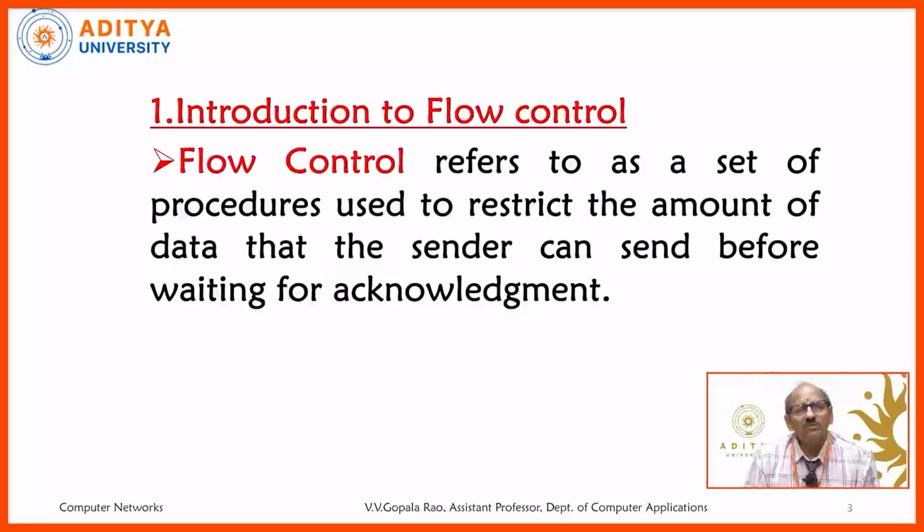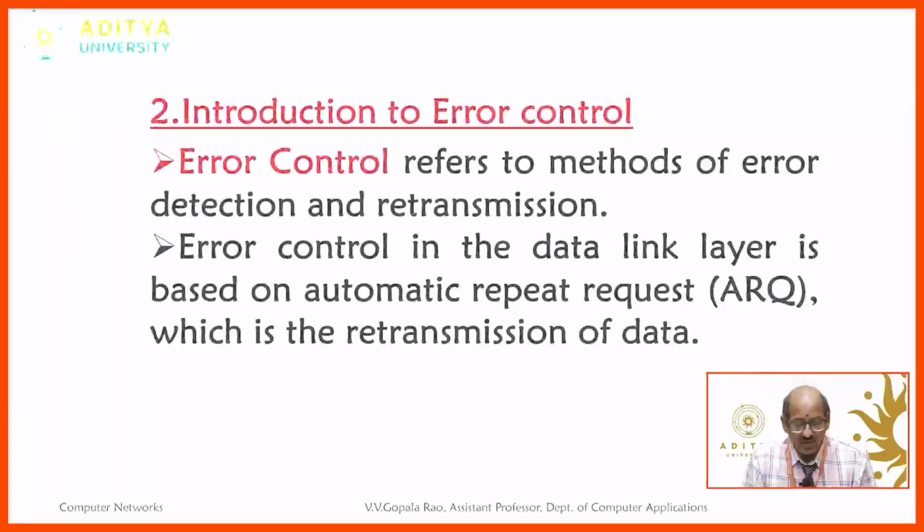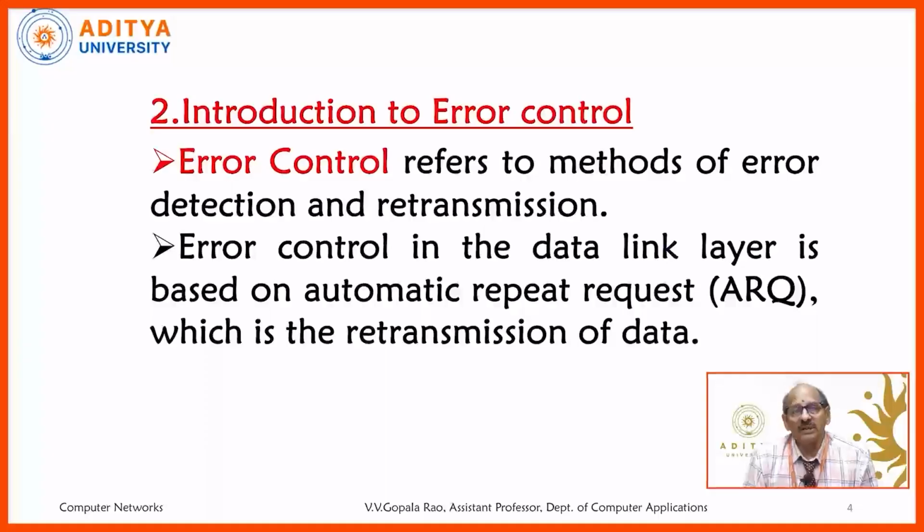Now, before going to the other thing, there is one more important aspect we have to be very careful about, and that is called error control, because flow control is meant for controlling the data flow, but error control is meant for controlling the errors.